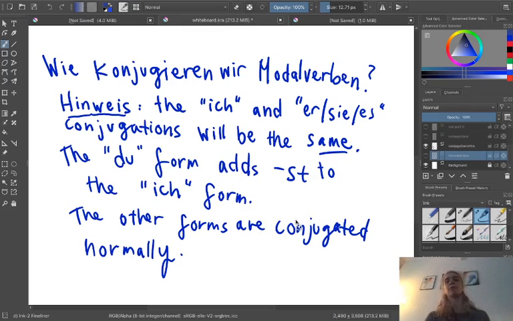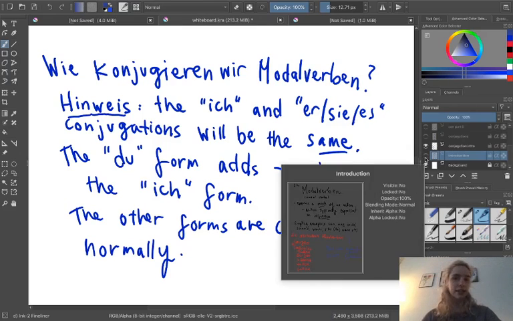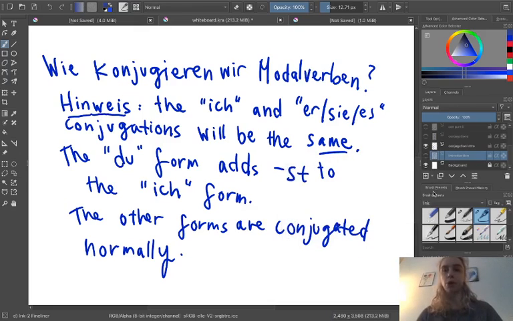The other forms are going to just be conjugated normally with the modal verb stem and the endings that the respective pronouns usually take. For example, können, ihr könnt.